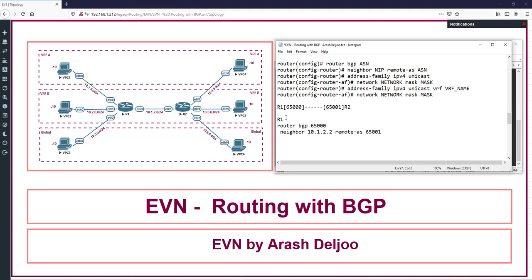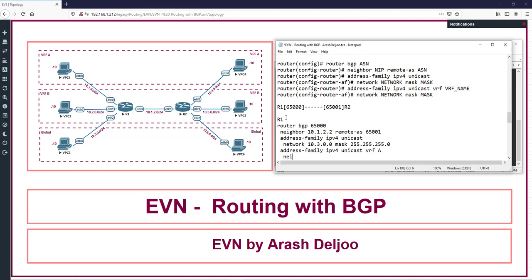And address family IPv4 unicast for the global routing table. Now we should advertise the network 10.3.0.0 with the mask of 255.255.255.0. That's it. And then we should configure address family IPv4 unicast for VRFA.